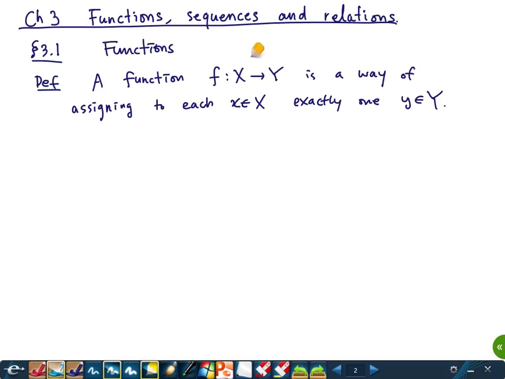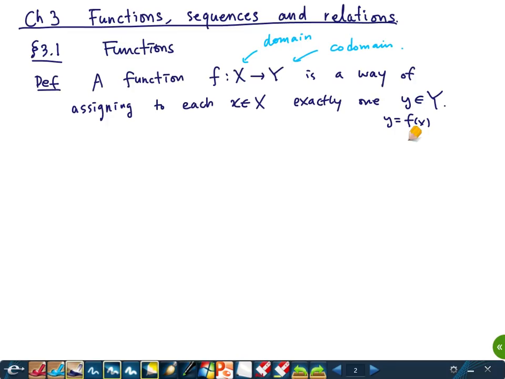And this x is called the domain and y is called the codomain. And the range, or image, is the set of f of x's. In that case, we write y equals f of x.